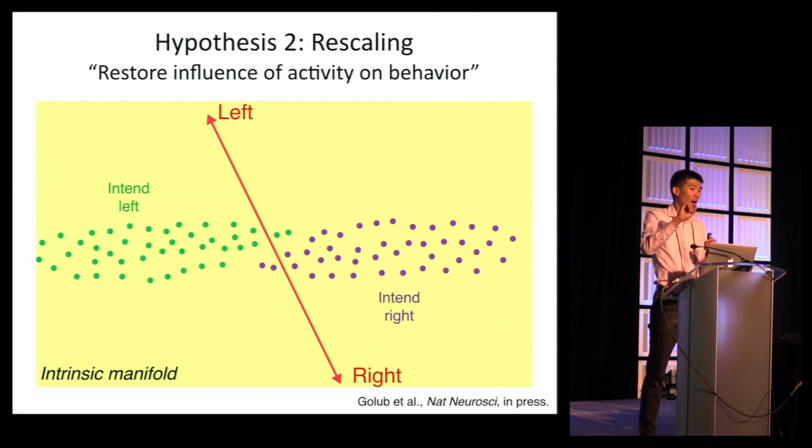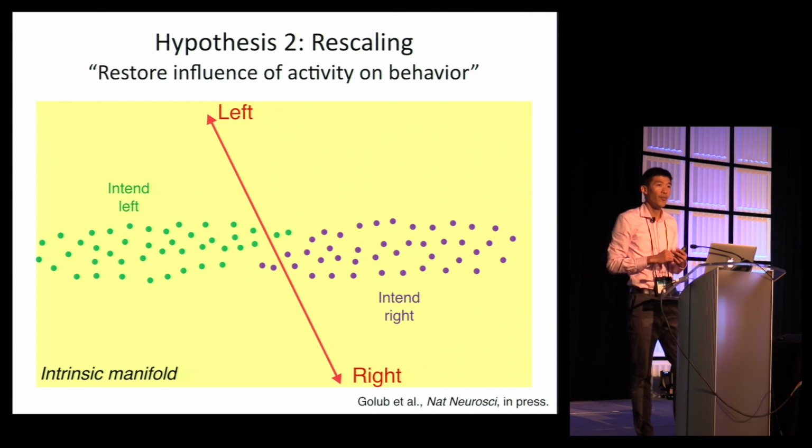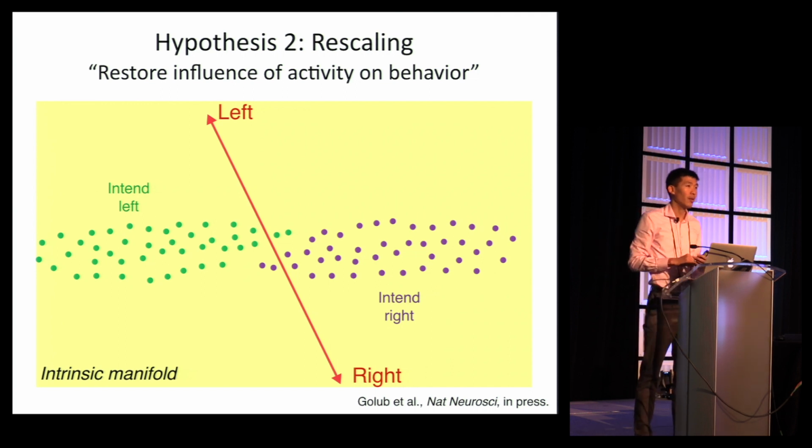So this hypothesis says that perhaps the variance of the activity would scale, to restore the influence of horizontal movements of the neural activity on cursor movements. And similarly, along this vertical axis, the influence increases, and so we would scale the variance of that activity down. This is an analogy to visual motor gain adaptation with arm movements, but here it's in the neural activity space.